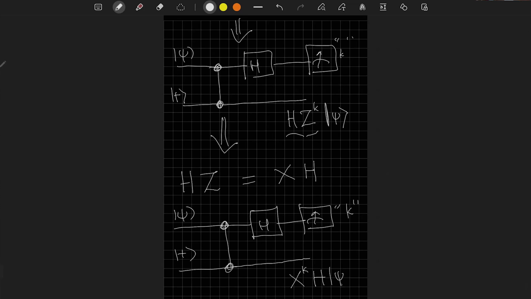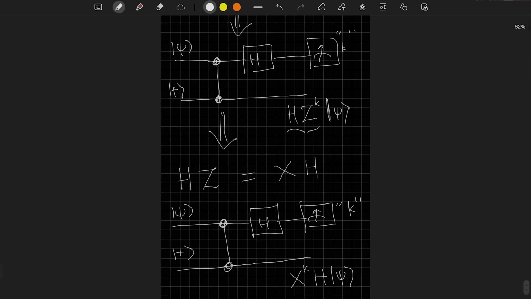Sorry. Okay, so I've just made this replacement: HZ is replaced with XH. When I have mathematics in the second half of my lecture, just remind me and I can show you a simple calculation of how this is done. Z gate followed by an H gate is equal to an H gate followed by an X gate. Okay.